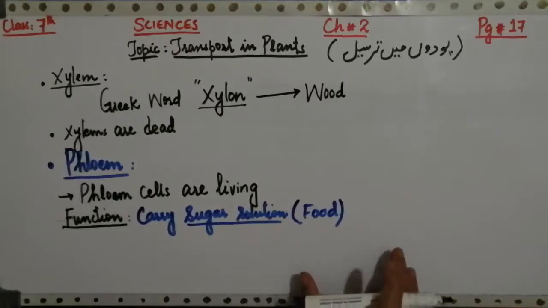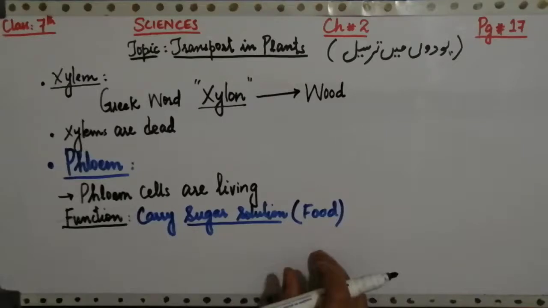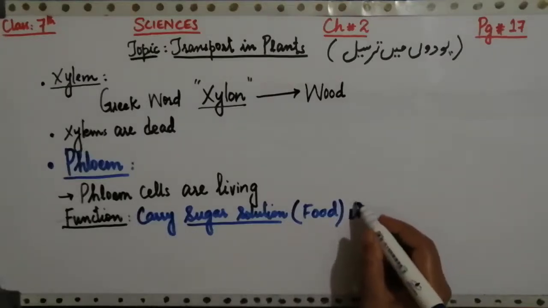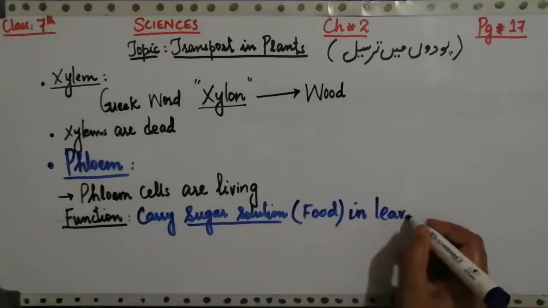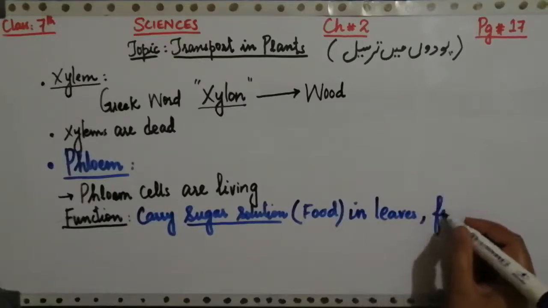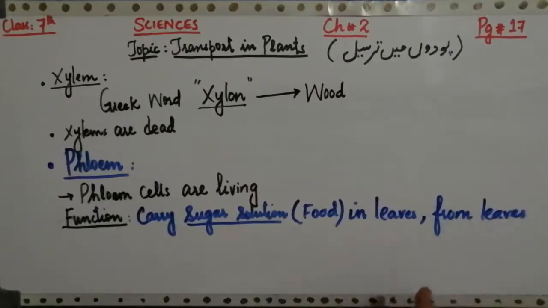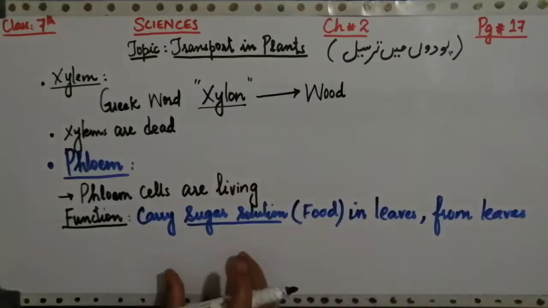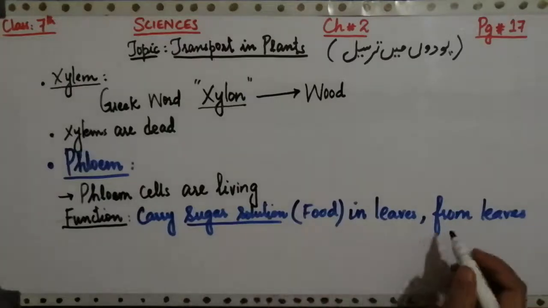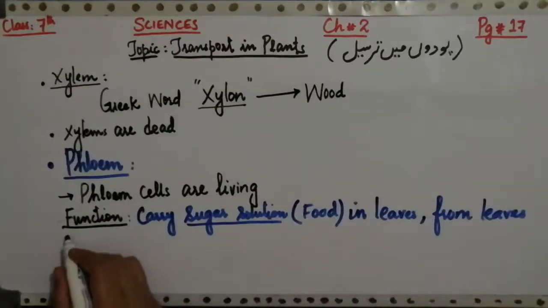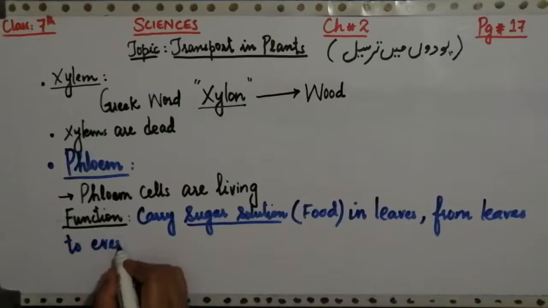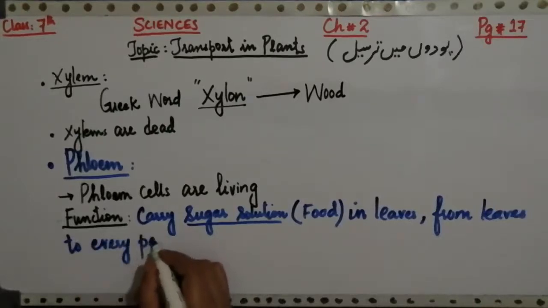So in this way you can write that this sugar solution is formed in the leaves, they are prepared there, and from the leaves phloem tubes are responsible to carry this sugar solution to every part of the plant, because every part of the plant needs food.